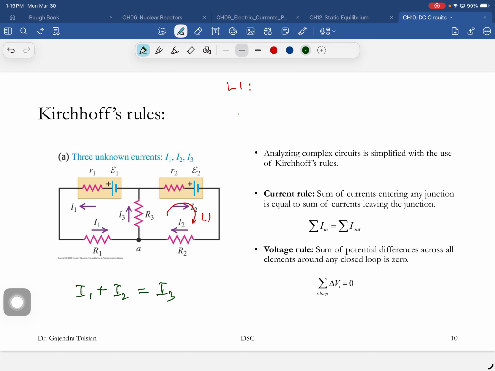So for this loop, let's go like that. We'll go around the loop like this and come back like that. Here's the first element. Now you're going against the current, so you're going uphill. What is the change in voltage? When you're going uphill, the voltage increases, so it increases by I1 R1.